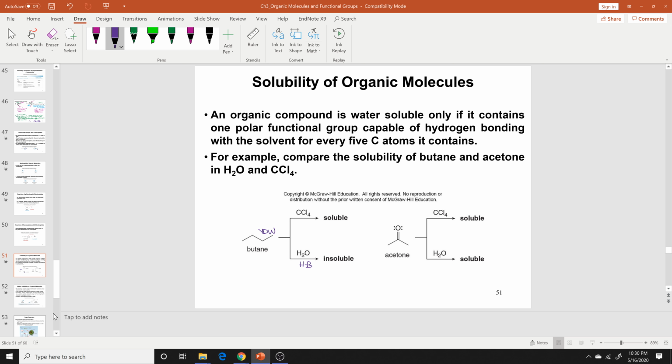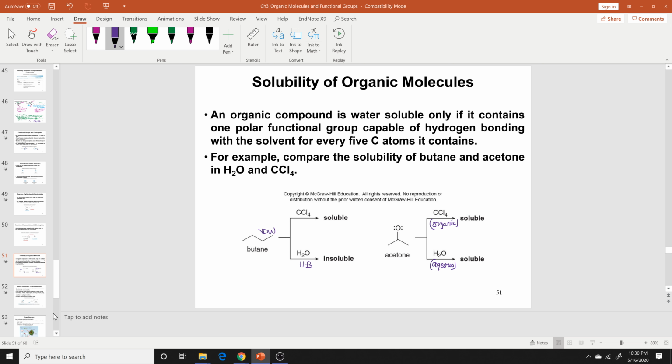Acetone, on the other hand, can do hydrogen bonding with water. So acetone is soluble in aqueous solutions. Aqueous solutions are solutions that are water-based. Organic solutions are solutions that are organic-based. Carbon tetrachloride is nonpolar.